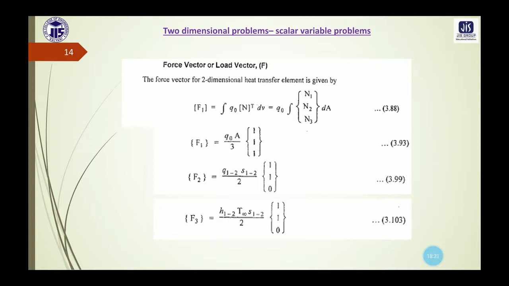Next, the formula for the force vector or load vector F. We also need to remember that the force vector for a two-dimensional heat transfer element, in general form, we can write F1 as the integration of Q naught and matrix transpose in dV. This is equation number 3.88.